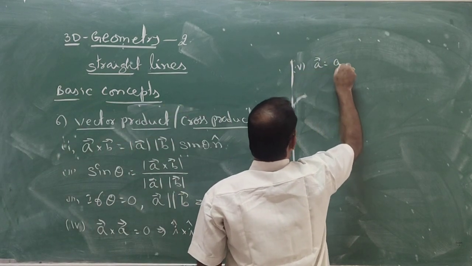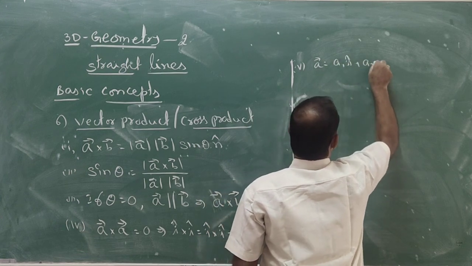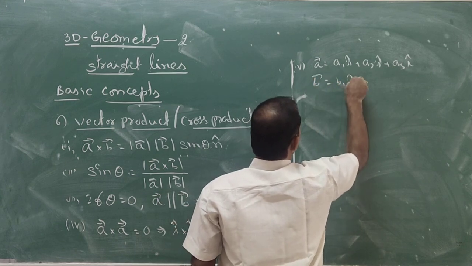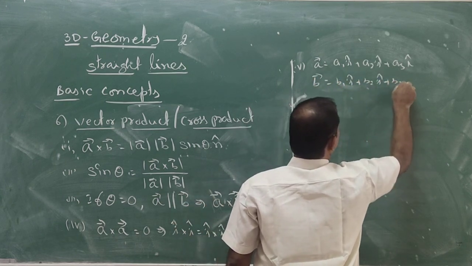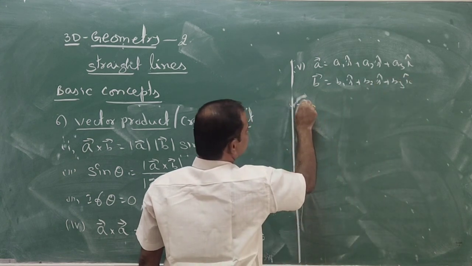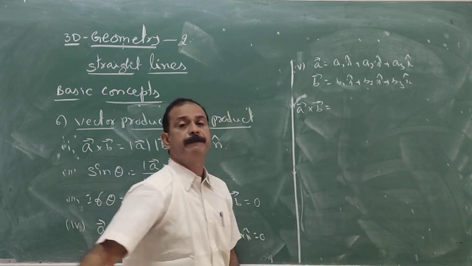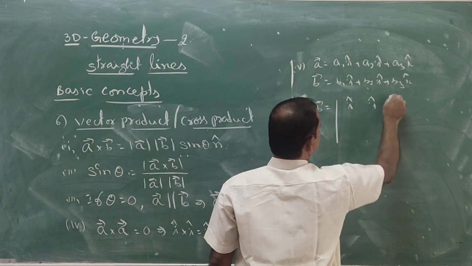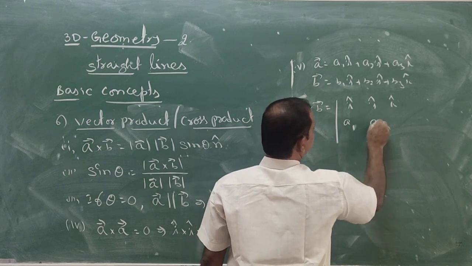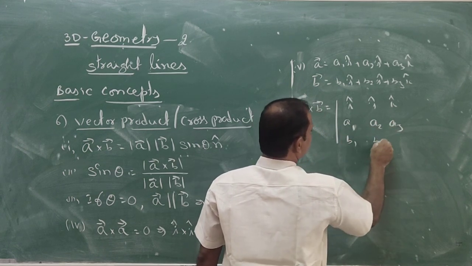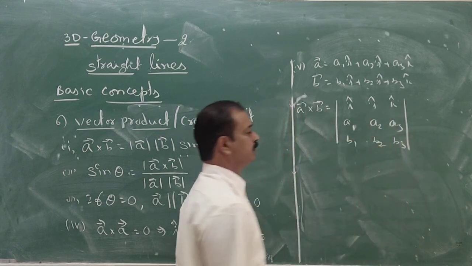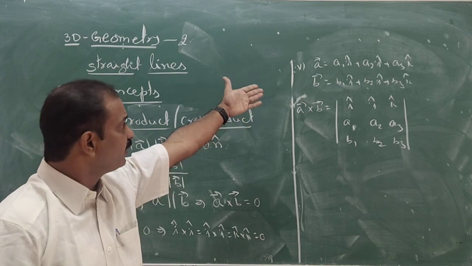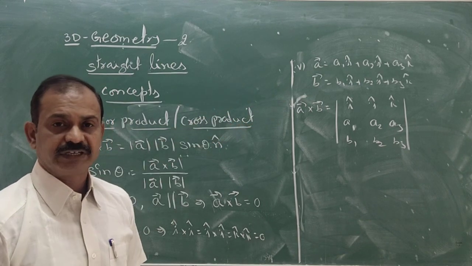If A is equals to A1I plus A2J plus A3K and B is equals to B1I plus B2J plus B3K, then you find A cross B by using the determinant of I, J, K, A1, A2, A3, B1, B2, B3. This is the way you find the cross product of two vectors.